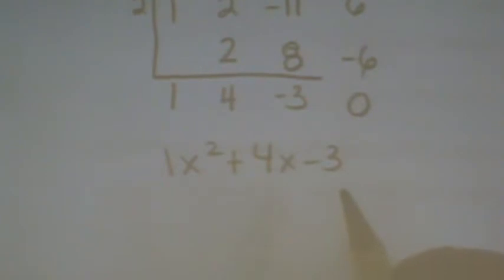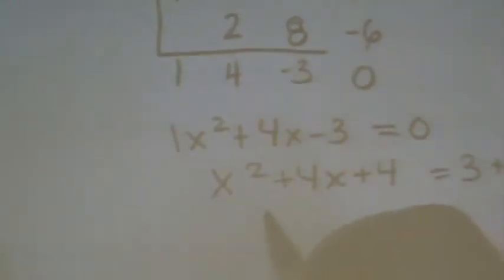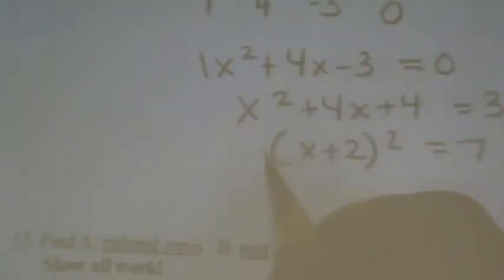So you have to use the quadratic formula, or you can complete the square. I like completing the square on this one, add 3, bring 3 over to the other side. Half of this squared is 4, add that to both sides, factor. Square root, you get x plus 2 equals plus or minus root 7, and bring 2 over.